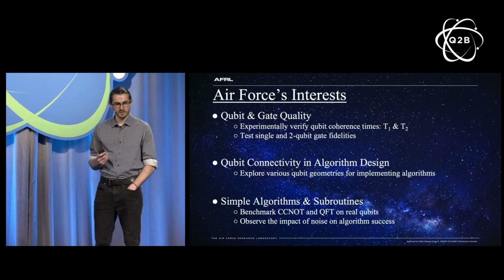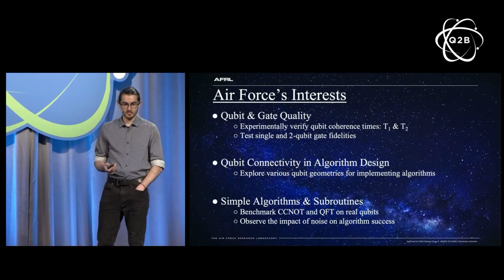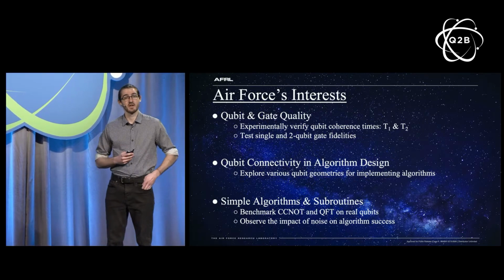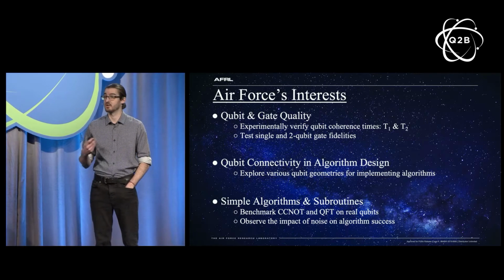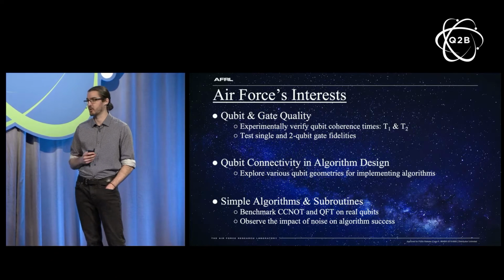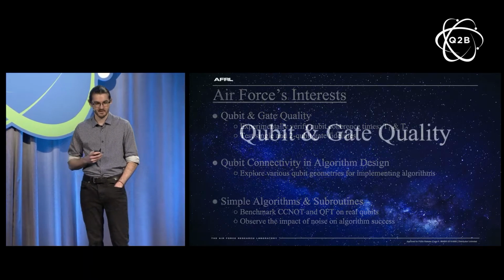To do that, we implemented some 3-qubit algorithms for the Toffoli gate, or the CC naught, and the QFT, which are just small circuits. We implemented them in different ways on different qubit combinations, and you'll see some actual experimental results from the Poughkeepsie device.